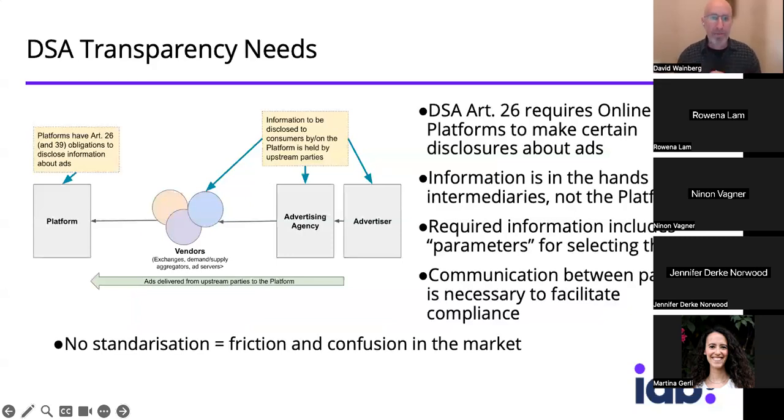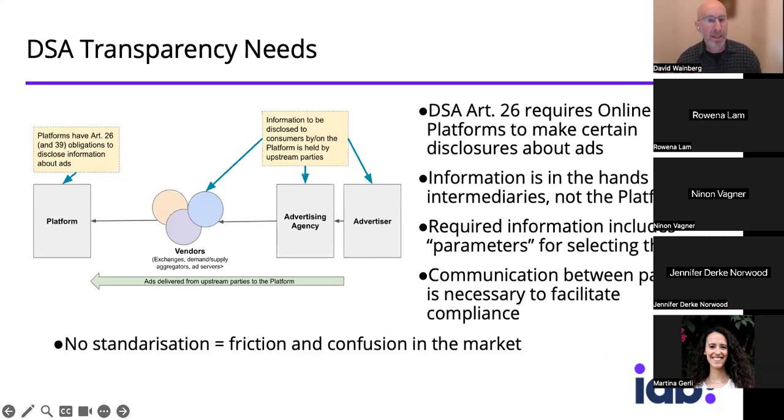So the problem is that DSA Article 26 requires online platforms, and we won't get into the details of how those are defined, but it's a subset of publishers that meet the requirements of the DSA. Online platforms are required to make certain disclosures about the ads that are shown on their properties.